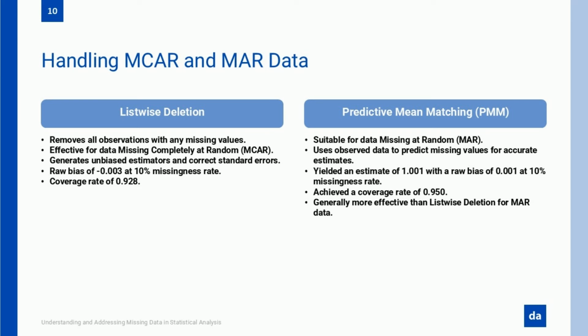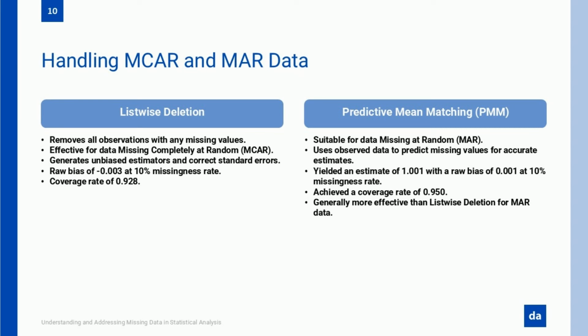For example, if a missing response came from a customer who ordered the same meal and dined at the same time as others who gave a rating, PMM uses those similar responses to impute a reasonable value. For employee reviews, PMM identifies other employees with similar job roles, performance scores, and tenure to predict the missing responses. Instead of discarding an entire form, it uses observed patterns to fill in what's missing.